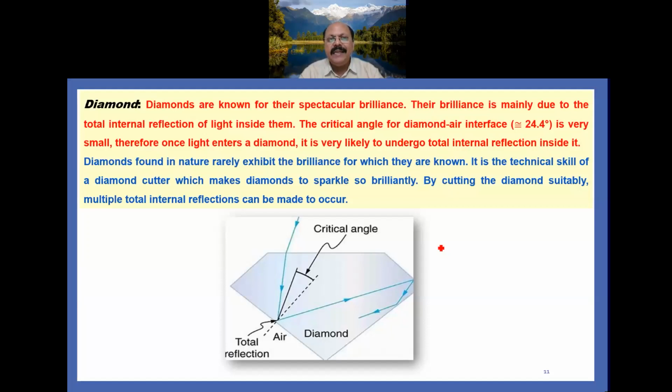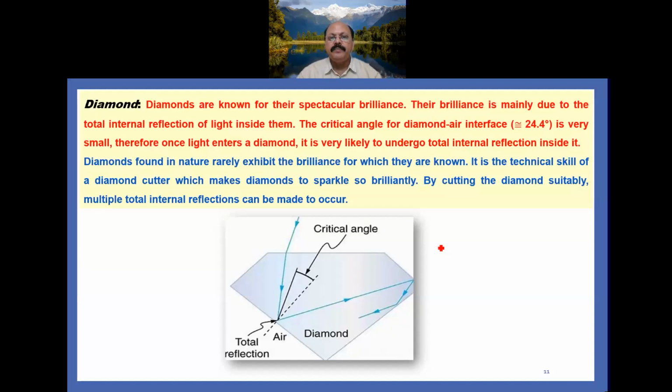Therefore, once light enters a diamond, it is very likely to undergo multiple total internal reflections inside it. So diamonds found in nature rarely exhibit the brilliance for which they are known. It is the technical skill of a diamond cutter which makes diamonds sparkle so brilliantly. By cutting the diamond suitably, multiple total internal reflections can be made to occur, due to which the brilliance takes place in the diamond.